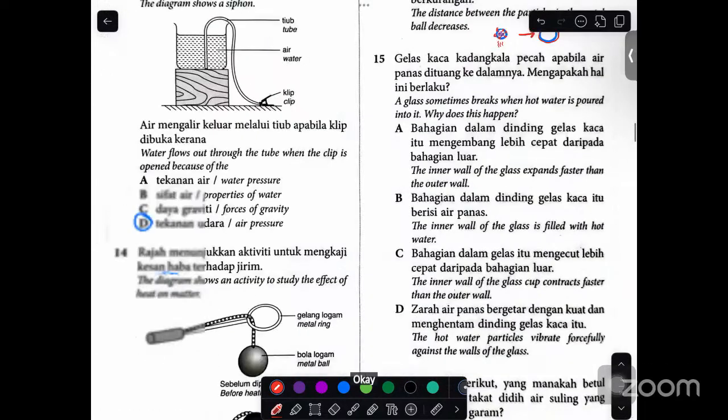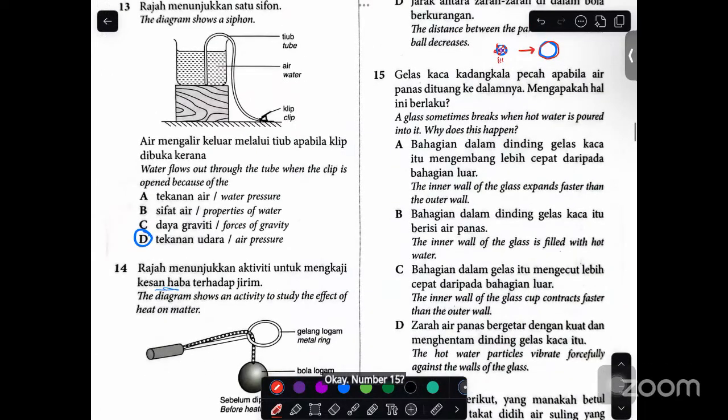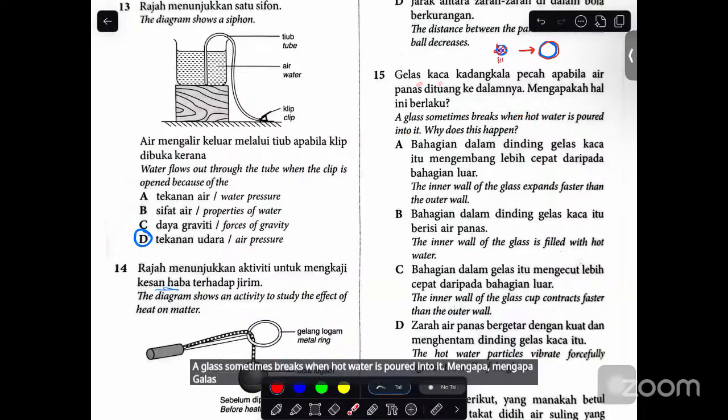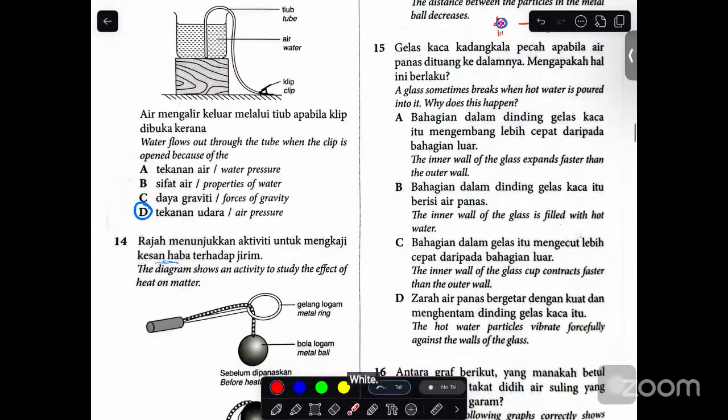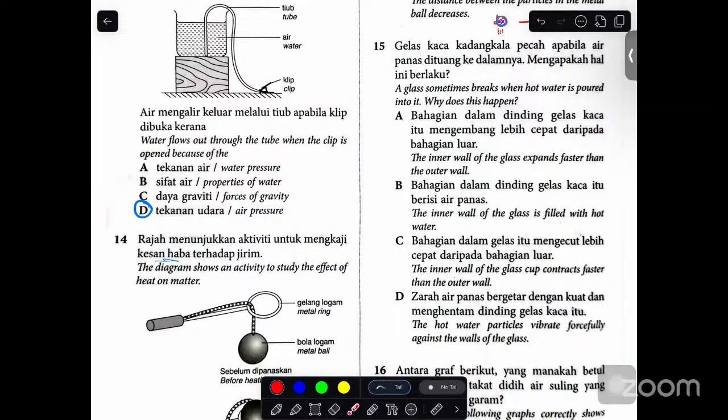Okay. Number 15. A glass sometimes breaks when hot water is poured into it. Mengapa? Mengapa gelas kaca pecah apabila air panas dituang ke dalamnya? Why is that?